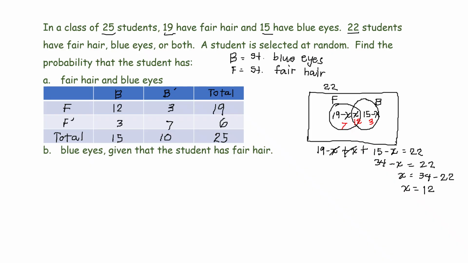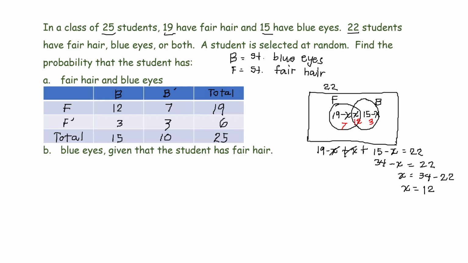Oh, there's something wrong with my numbers. This is not 3, this is 7. Sorry, let's do that again. So 19 minus 12 is 7, and 7 plus 3 is 10. 3 plus 3 is 6.